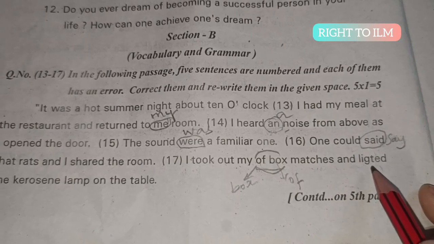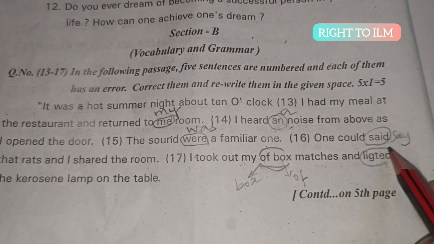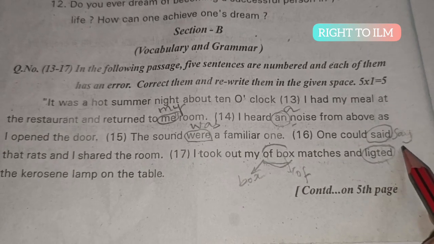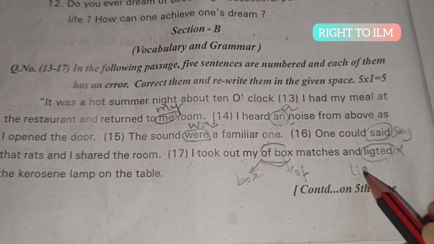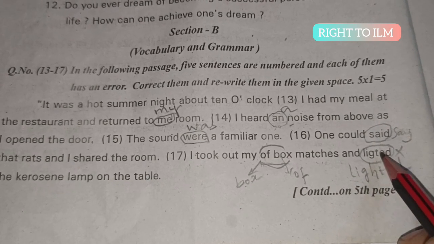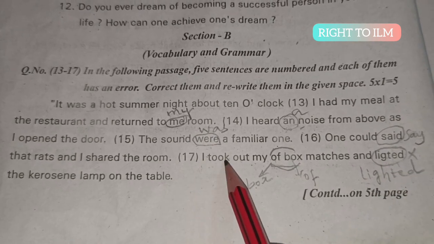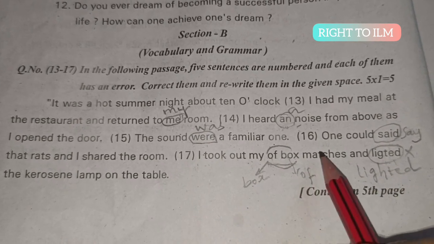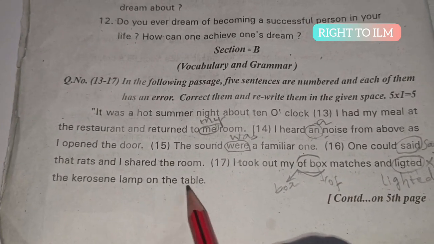I took out my box of matches and lighted. Here you have to check the spelling also. Ligted, this is the error. Instead of ligted, lighted. You have to write H after G. I took out my box of matches and lighted the kerosene lamp on the table.